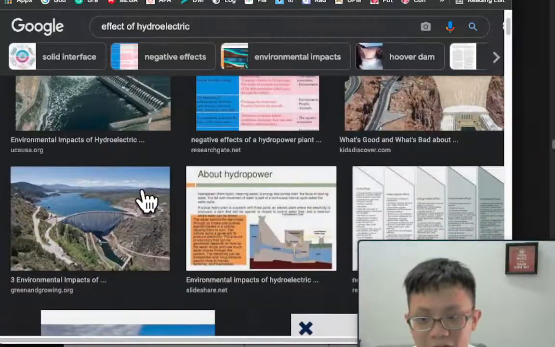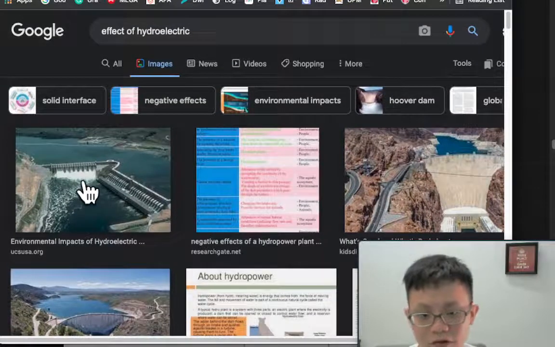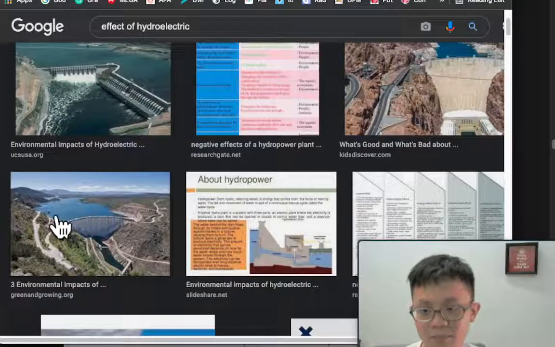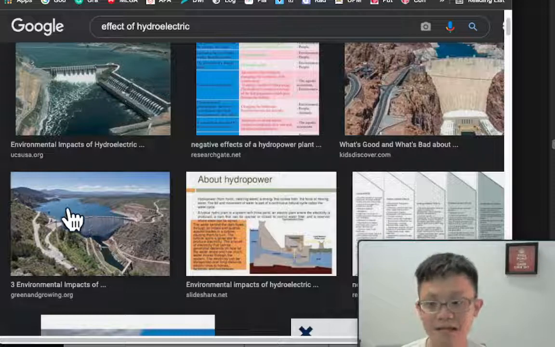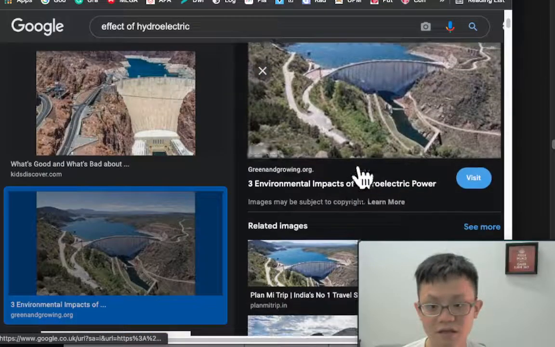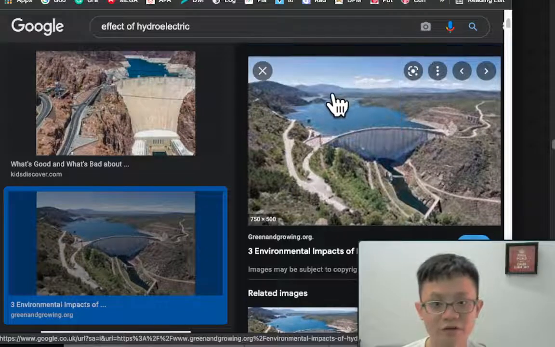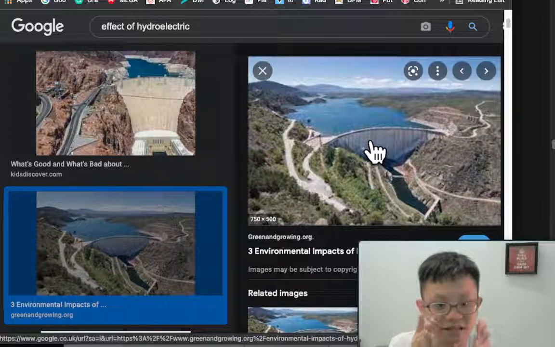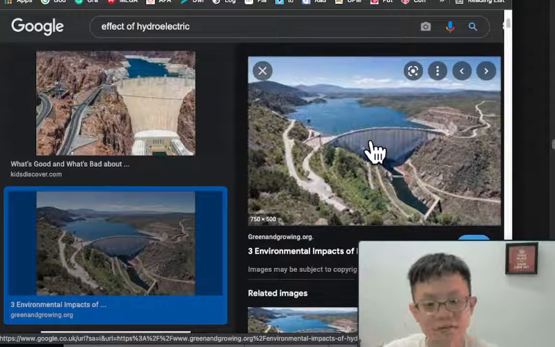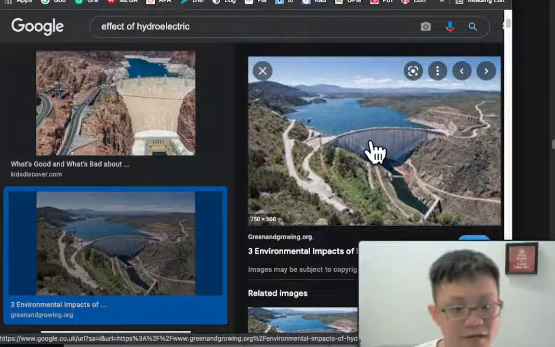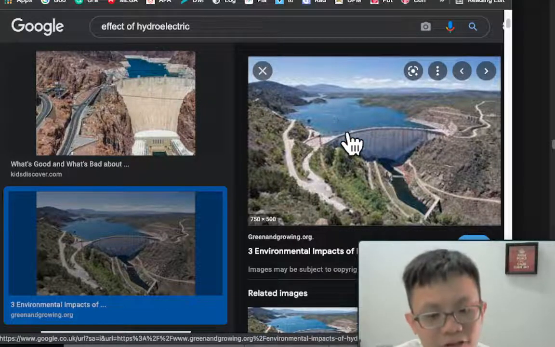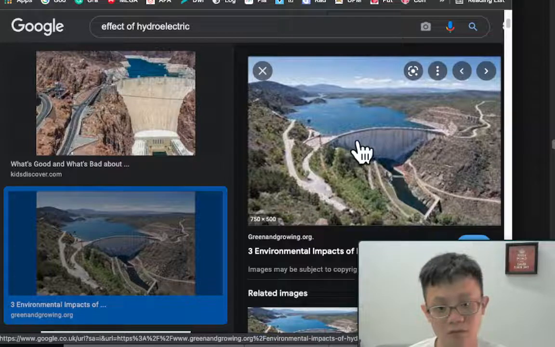Okay, but anyway, when you build hydroelectric, a lot of the land will be destroyed. Maybe last time, if you see this picture, it's only a small river. Here is just a tiny little river because it's supposed to be a river. Then after that you build the dam, you block the water.